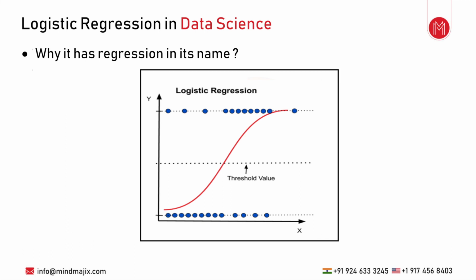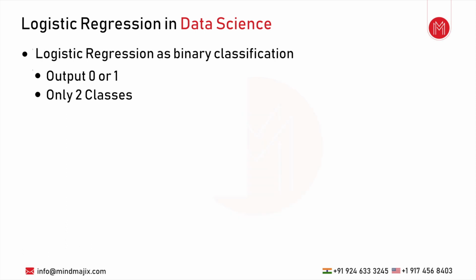If you straighten it, it's a line only, in curve form, and that processes the regression. Logistic regression uses a technique which belongs to the regression family. So at the root and backbone, it's a regression method, but it is used as a classification method. Okay, so let's move forward.